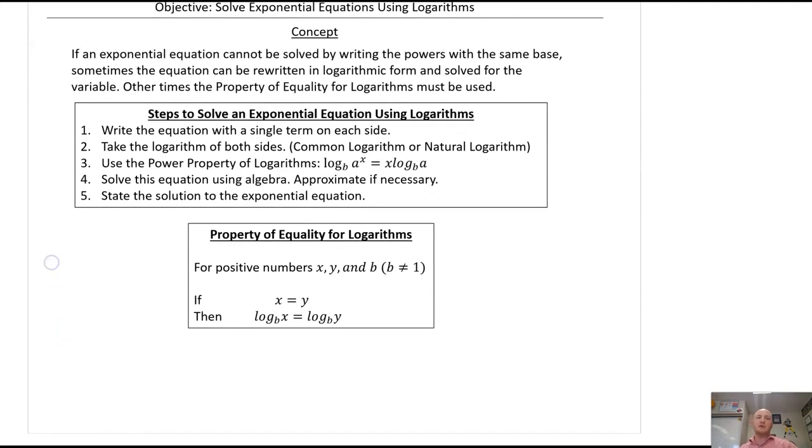If an exponential equation cannot be solved by writing with the powers of the same base, using the exponential property of equality, then sometimes the equation can be written in logarithmic form and solved for the variable. Other times you have to use the property of equality.